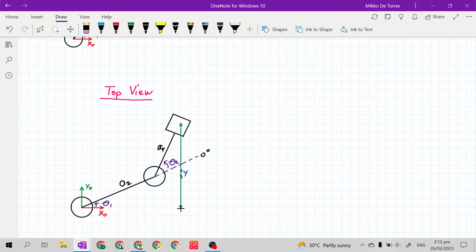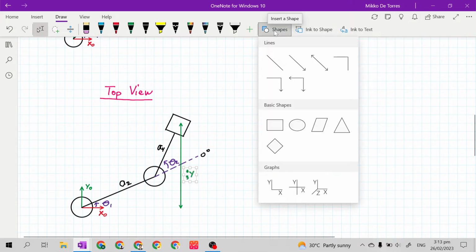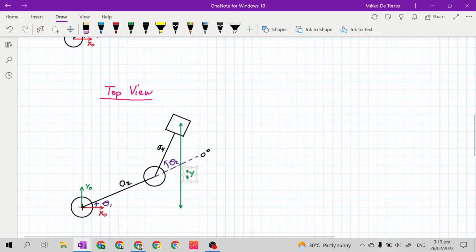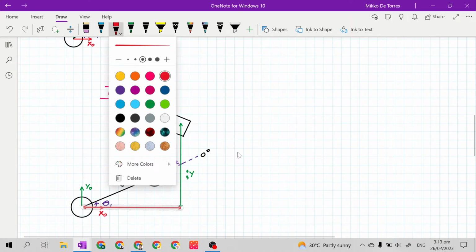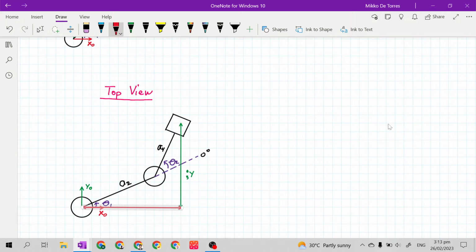Again, this is given. Y sub 03 is given because y sub 03 is a position vector. Next, along x sub 0 is the x03.